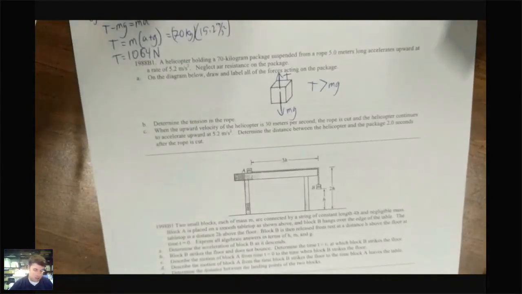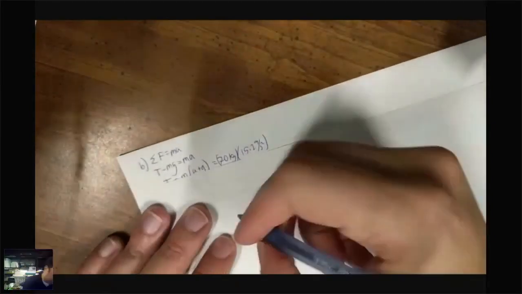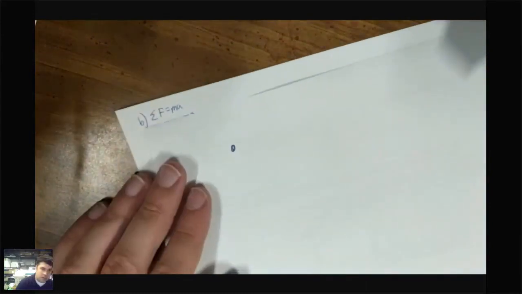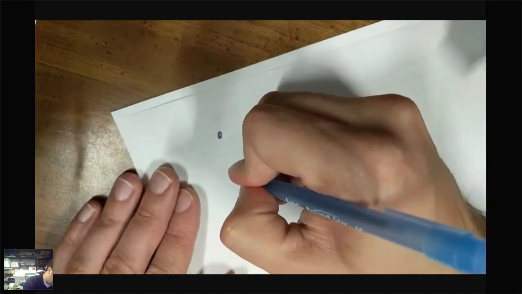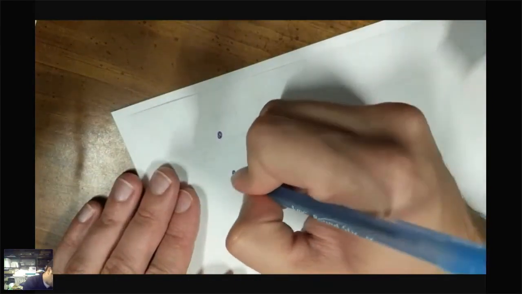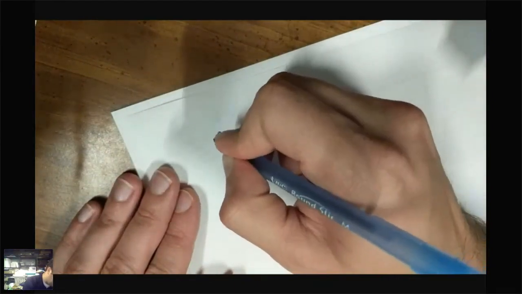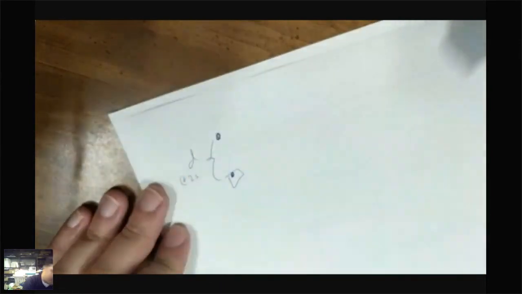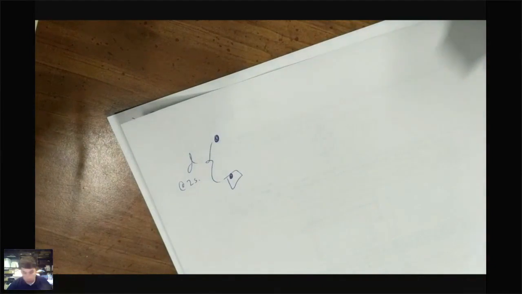All right, so this calls for some more paper. So I have my helicopter, and there's my helicopter as a nice dot. We've got our package, and then we are looking for the distance between them 2 seconds later. Okay, well, let's try to break this down into some parts we can manage here.